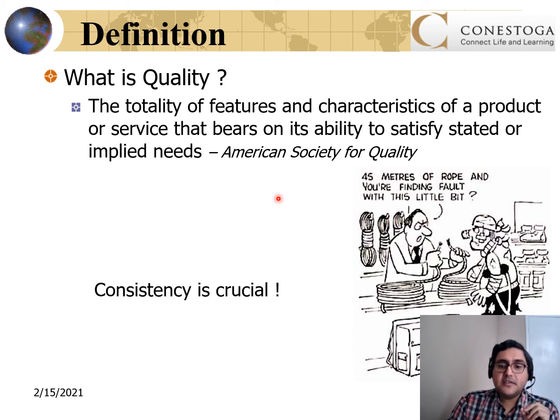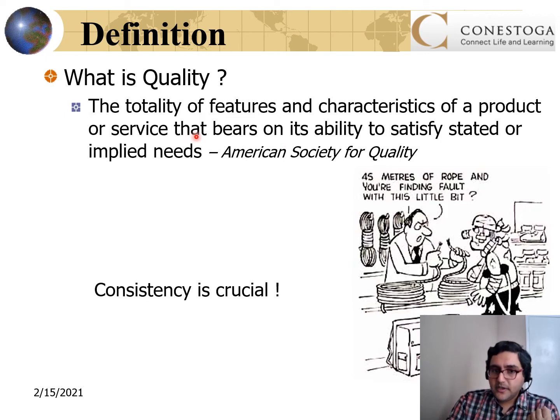So the expectation which you will be having will be different from the case when you are buying a mobile phone from say Apple. When you are purchasing a mobile phone for $1,000, your expectations are going to be different. So this should always be kept in mind when you learn about quality.